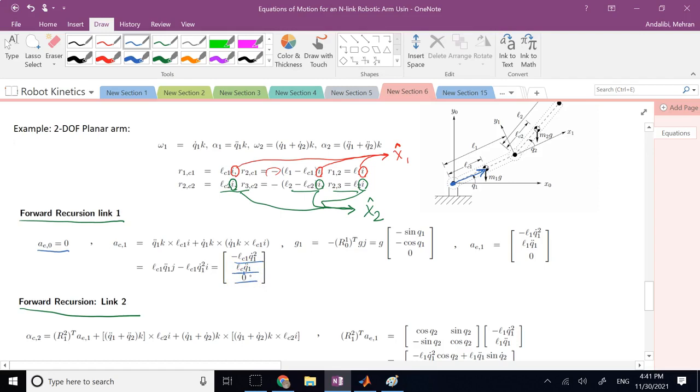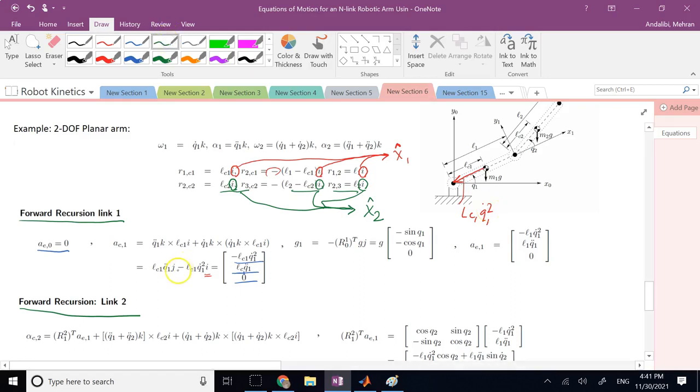And does that make sense? Absolutely. Because if you consider those terms, the negative LC1 Q1 dot squared is about I, and I means local I or x1. So it is basically in this direction, negative. The magnitude of it is LC1 Q1 dot squared.